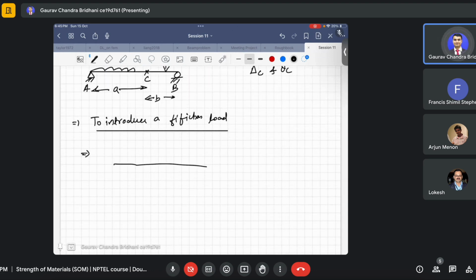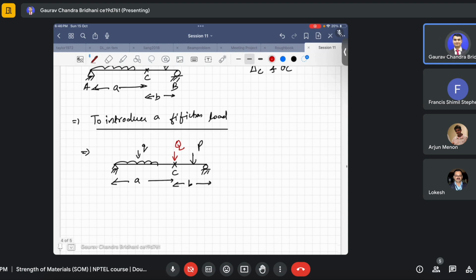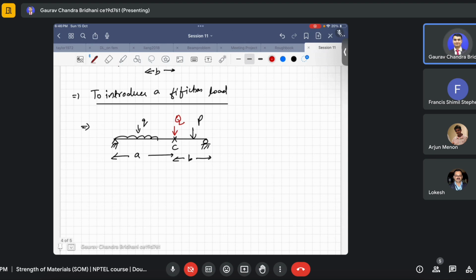So in the same beam I'll draw, this is the point C, this is A, this is B. Suppose I need to find deflection. What matters here is what you need to find. So suppose I need to find deflection, I'll introduce a unit point load Q at C. Now using this, I will write the strain energy.